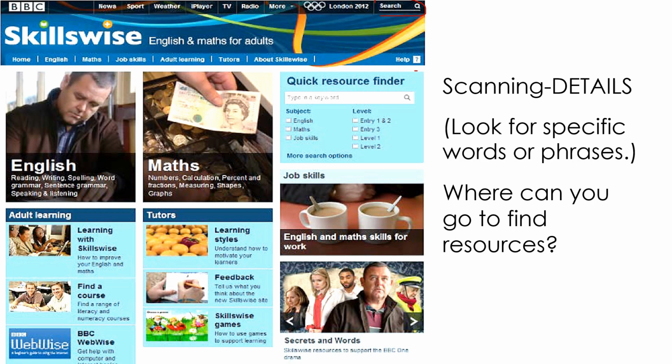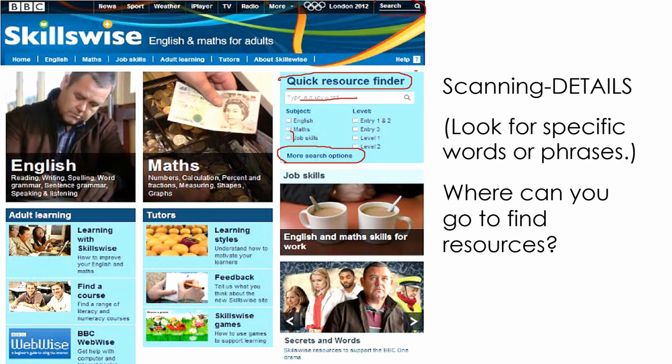Quick resource finder. So here we're just going to type a keyword. Or we can just tick a box. Or maybe we can just click this part, more search options. So definitely, we can go to Quick Resource Finder to find resources.